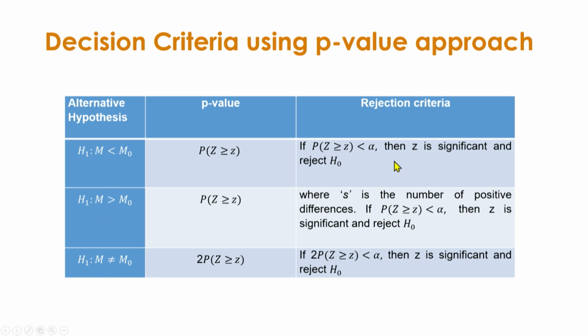In the same way, if the probability value is less than the level of significance alpha, then z is significant and we can reject H naught. For the second case, the probability of z is less than alpha, so again z is significant and we have to reject H naught. And the last condition is if 2 times the probability is less than alpha, then z is significant and we have to reject H naught.